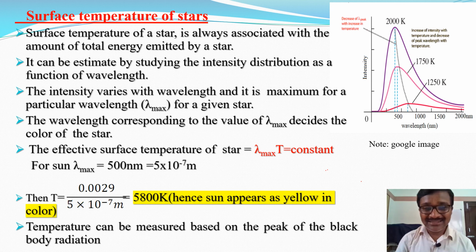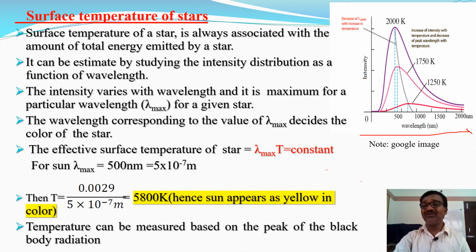In this case, we are going to estimate the effective surface temperature of the star by studying the intensity distribution as a function of wavelength. Therefore, we are going to consider a plot of the intensity distribution.